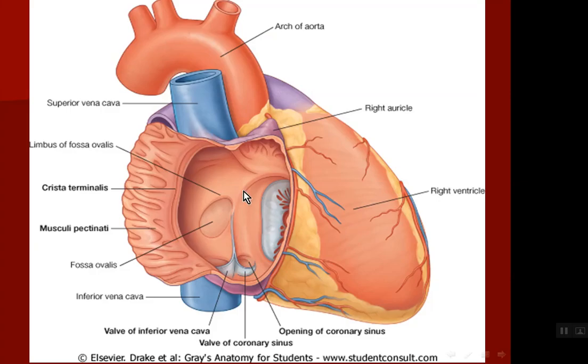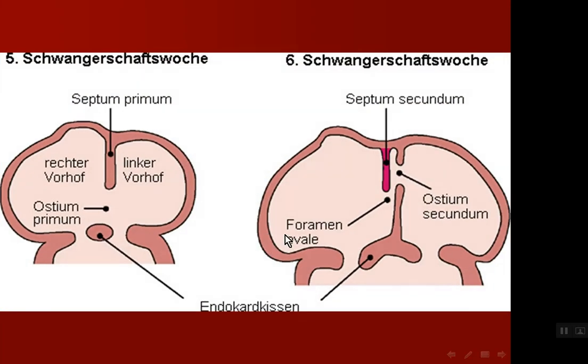Let's see here. In the wall between the right and left atrium, we can see a fossa, whose name is fossa ovalis. The fossa ovalis has an embryologic reason, and it refers to the development of the walls between the right and left atrium, because in the first stage of development of the heart, we don't have any wall between the right and left atrium.